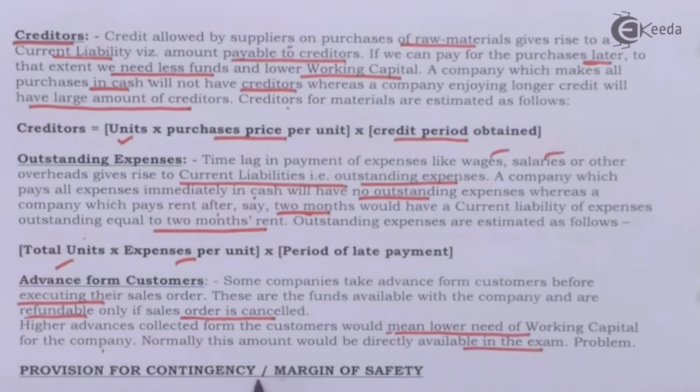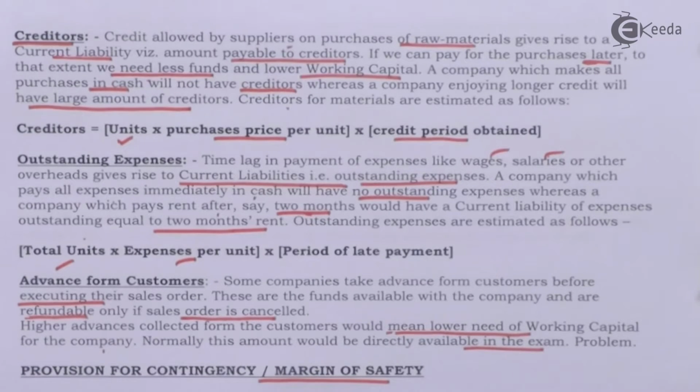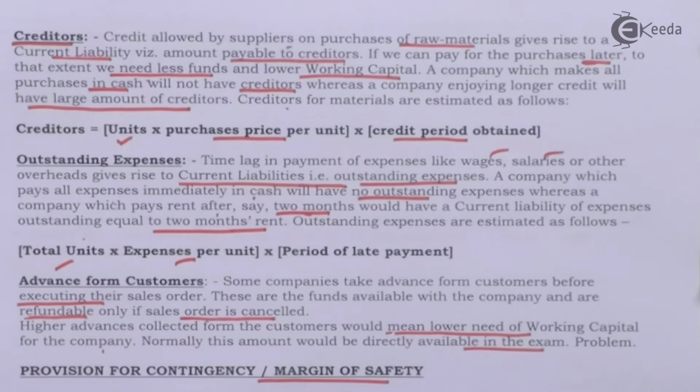Provision for contingency or margin of safety. Working capital is basically an estimation, therefore it may sometimes be more or less than actual. Therefore, to take a conservative approach, we take some amount as margin or provision amount, which we add to net working capital so that we can get the exact amount of working capital to be arranged for without any problem of insufficiency or inadequacy.